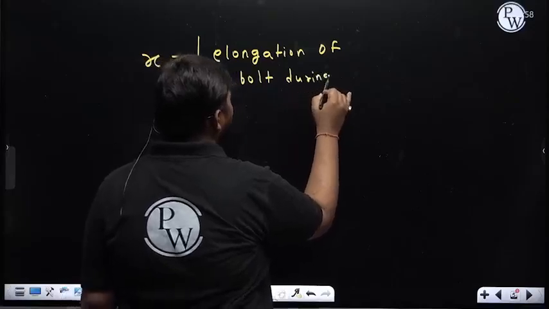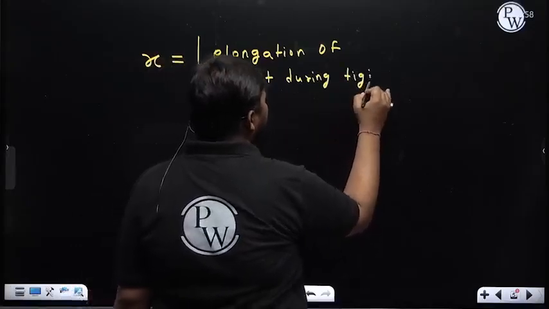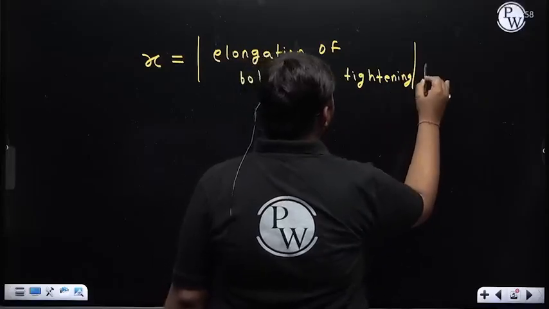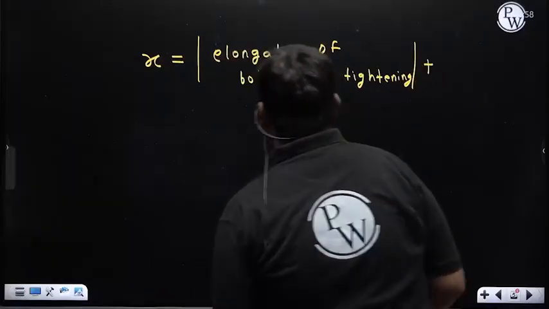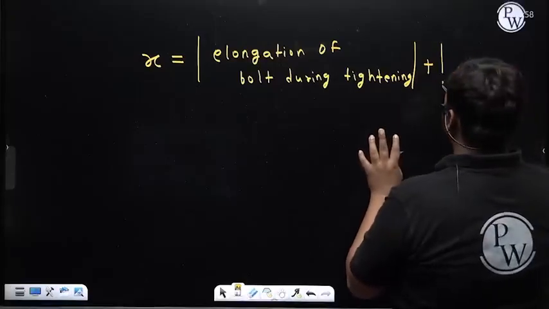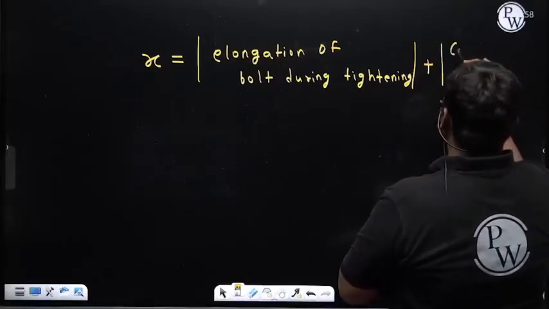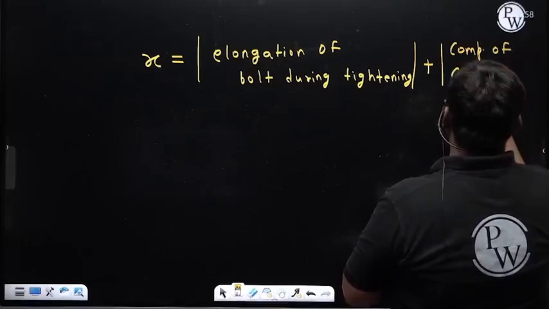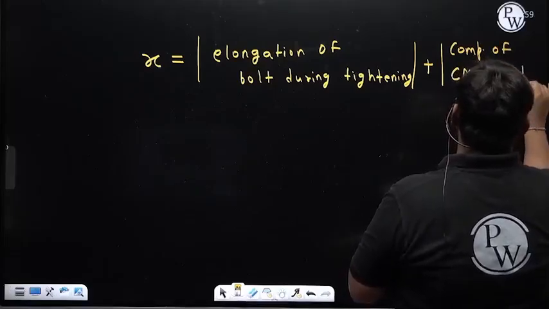This relation you should remember: during tightening, or due to preload, you can say, plus always apply mod, because we need to add both parameters which I am writing here. So simply, the mod of elongation of the bolt plus the compression of the connecting member due to preload.